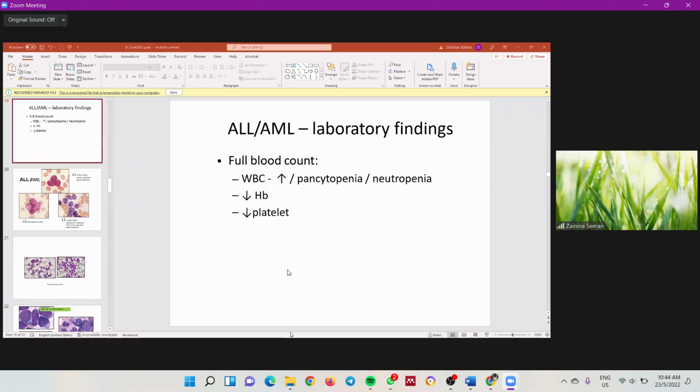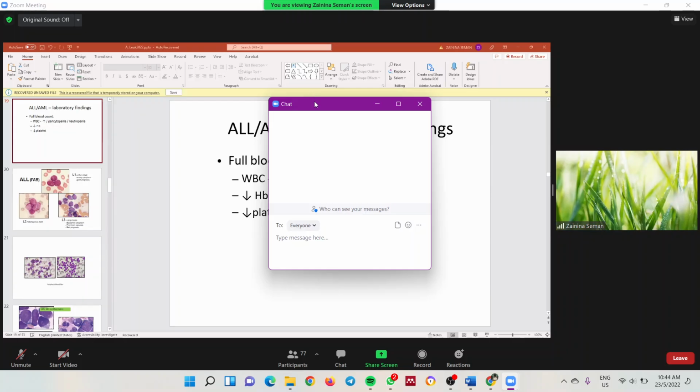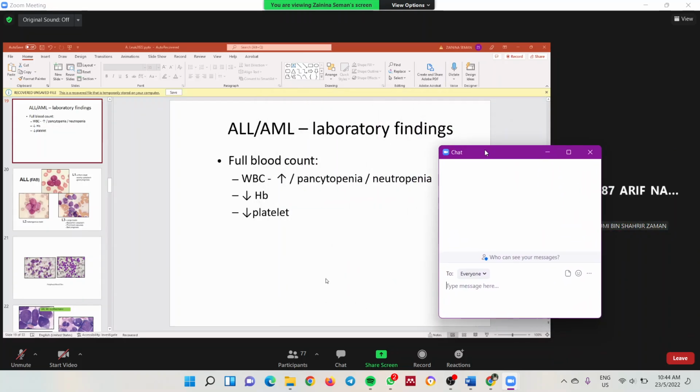Any of you can guess the answer? Doctor, is it because of leukemia? What we know is that the white blood cells are not fully mature and functional. During leukemia, it also produces myeloblasts, but they are not fully differentiated, and that's why it is considered pancytopenia, neutropenia.